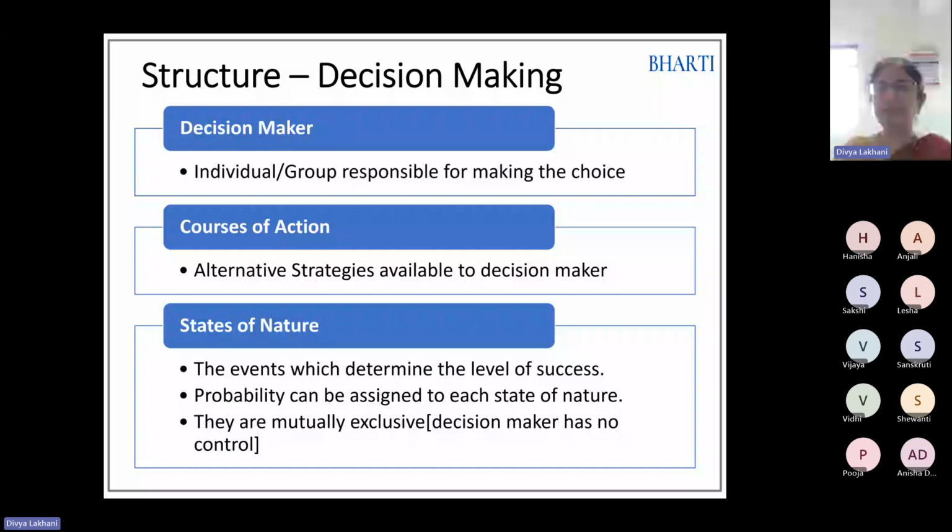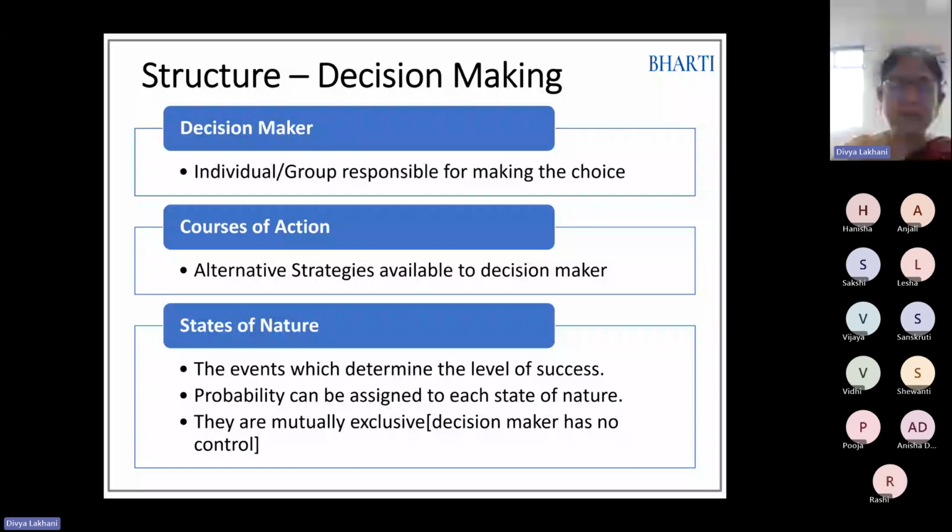For example, if it is raining, then I will take the action that I should carry a raincoat or an umbrella while moving out. If it is very sunny, then I will decide that I need an umbrella or maybe glasses, and accordingly I will move out for doing my work. That represents the strategy, the course of action.